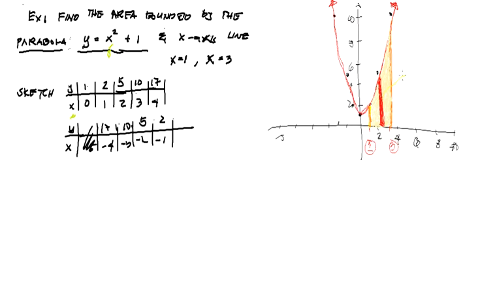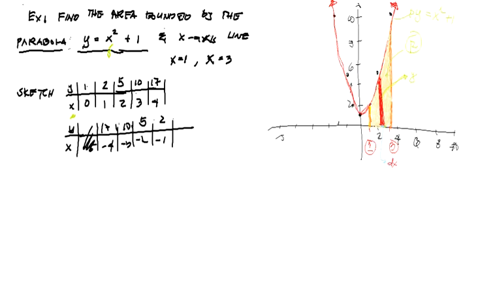Usually this strip is our y, and this thing here is our dx. Right? Okay, and this area is our R, and this curve here is y is equal to x squared plus 1.